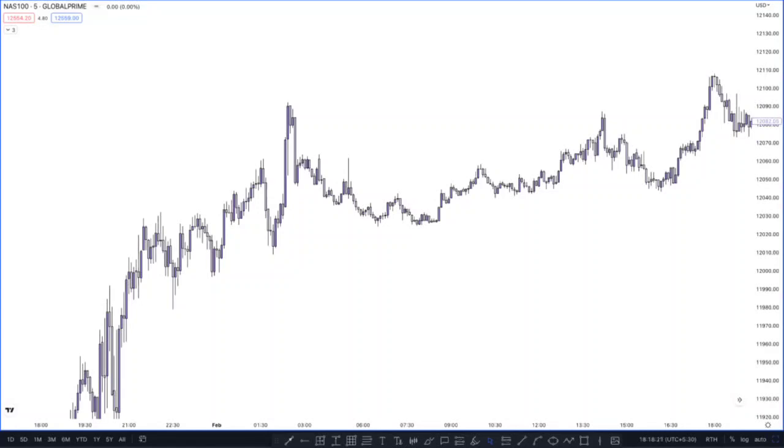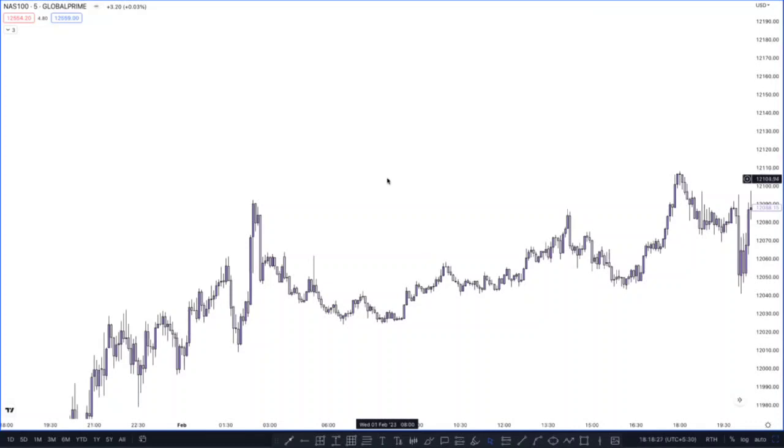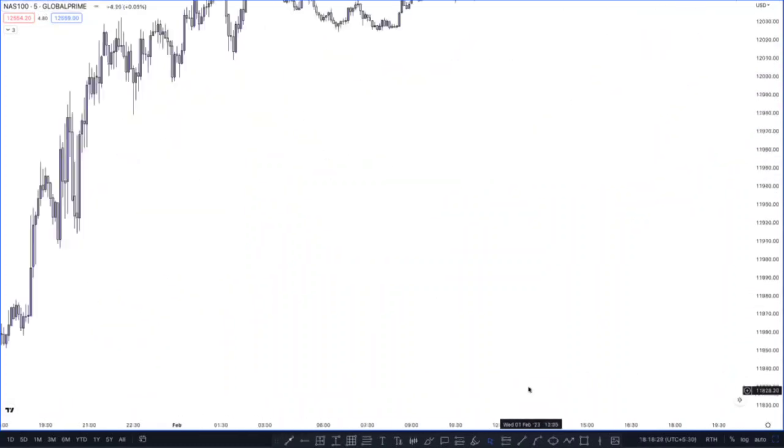When we take entry without inducement, when the market sweeps the previous high or low, then we don't need to wait for the inducement. For example, this one is a supply zone, correct? And this one is a lower time frame structure, right? And this structure sweeps here, okay?